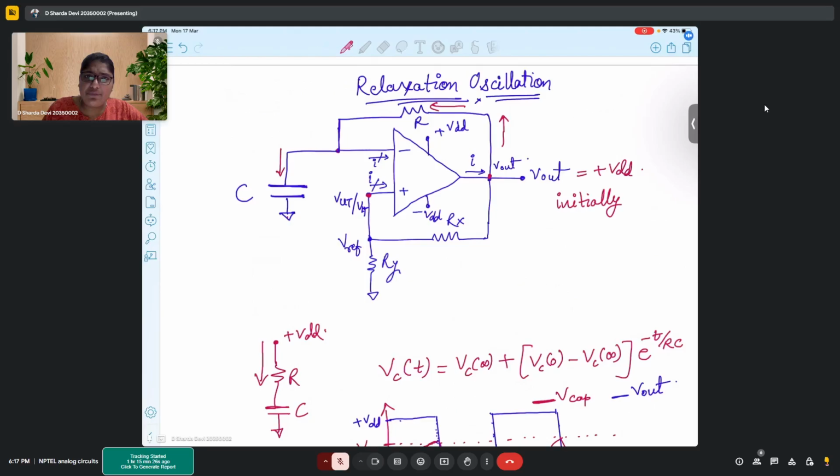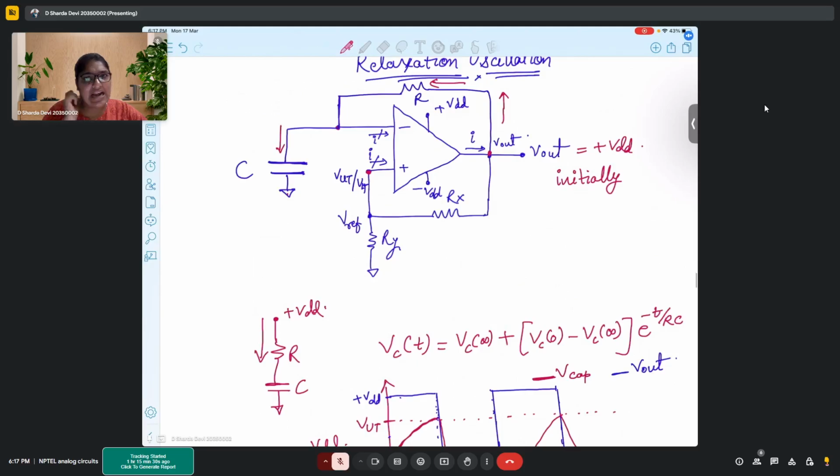I mean, anything would work. You just need to consider the RC value, the time constant, and based on the time constant values, you can switch the capacitor. There is no restriction on which type of capacitor you can use.